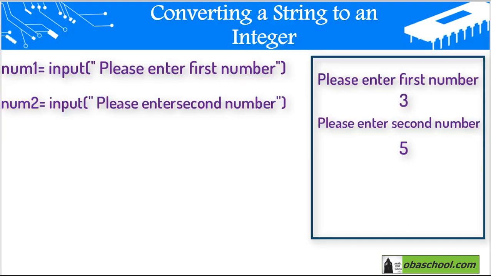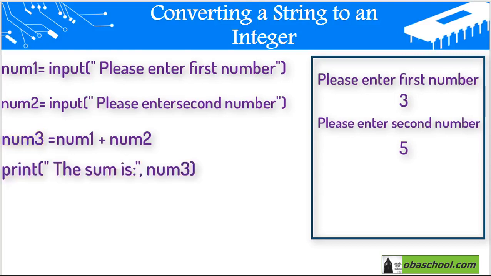Then we have the third variable that is called num3. We put in it the two variables, num1 plus num2. So now we're adding these two strings. And the value of them will be saved in variable num3. Then we need to print the sum of variable num3.